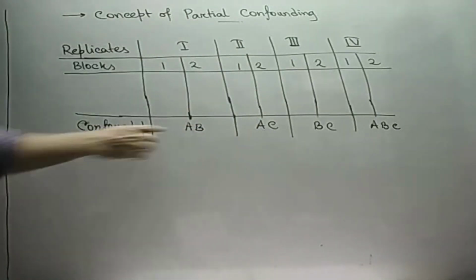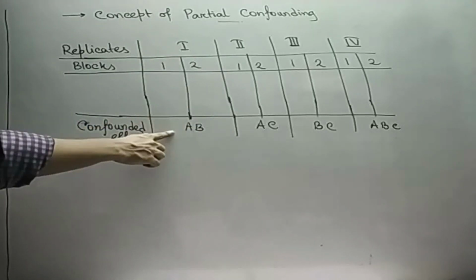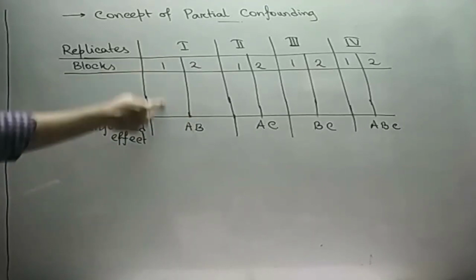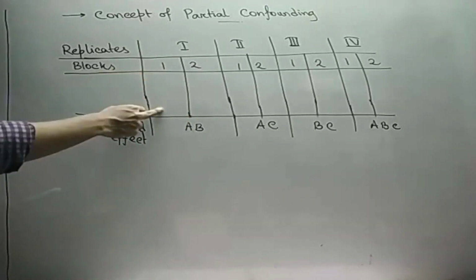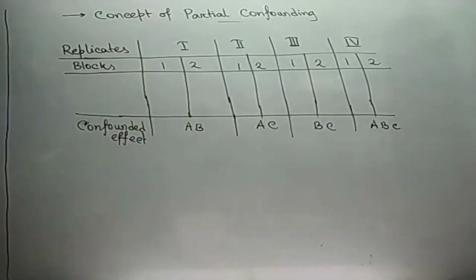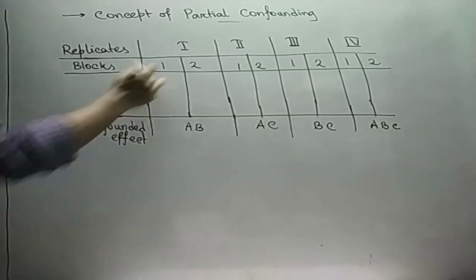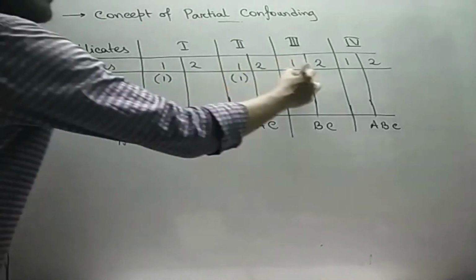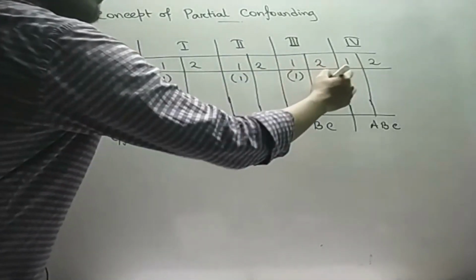Now if we want to confound AB, then the key block, if we choose this as the key block, will be constructed in this way: no common and even number of common letters with AB. No common letter is basically 1, so the key block will have the value 1.